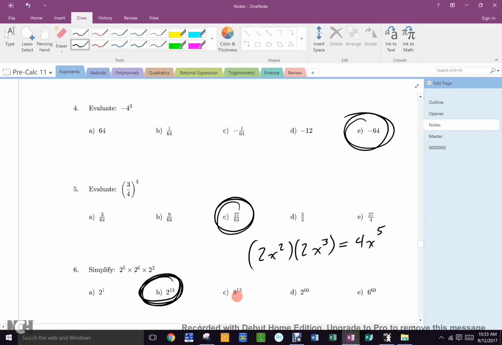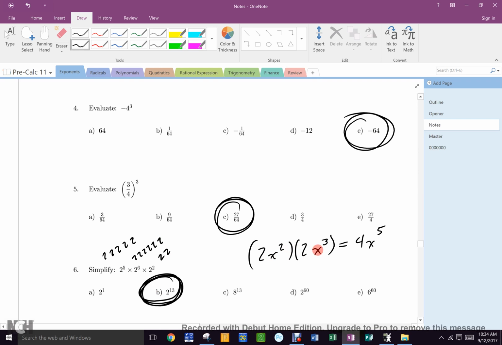I heard some people say C because they went 2 times 2 times 2. What is this really? 2, 2, 2, 2, 2, five of them, yes? What is this really? Six of them, right? What is this really? 2 squared. So there's 13 2's.